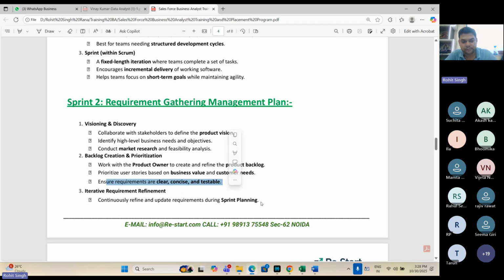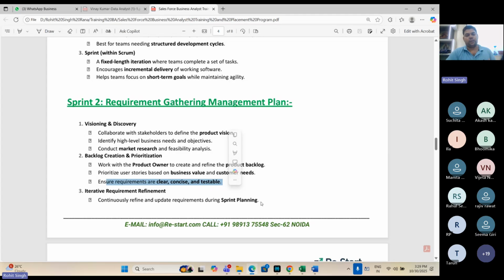So it's reliable. And of course, it is testable because we will design and develop in order to test it. So this is what the SMART technique is all about. It should be specific, measurable, accountable, reliable, and testable.